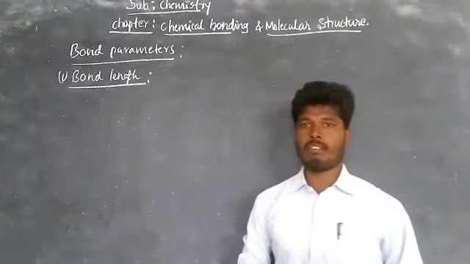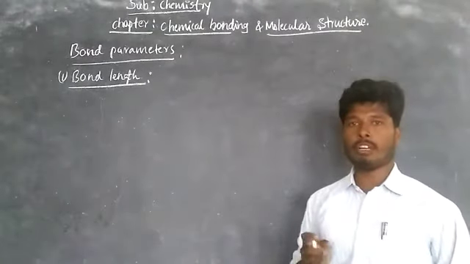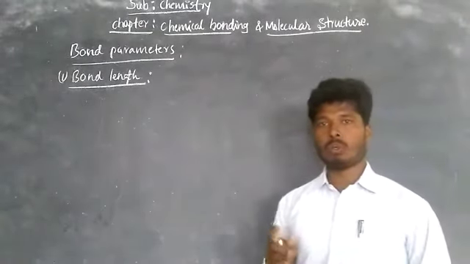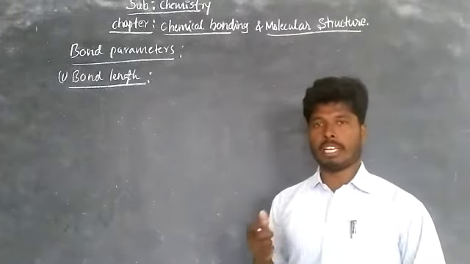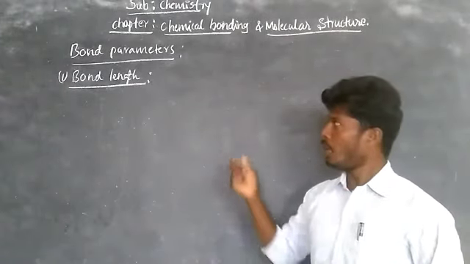Bond length is defined as the average equilibrium distance between the nuclei of two atoms in a molecule of a compound.